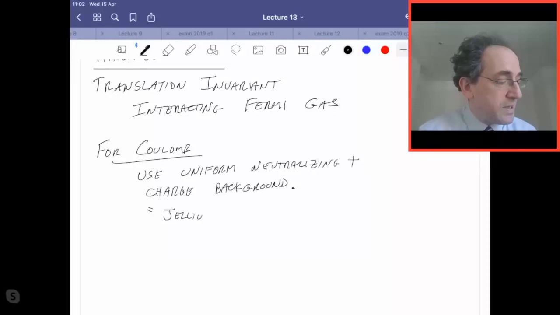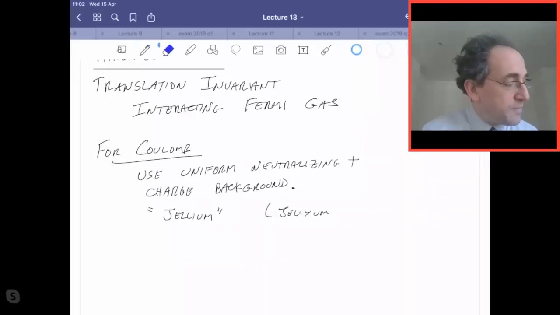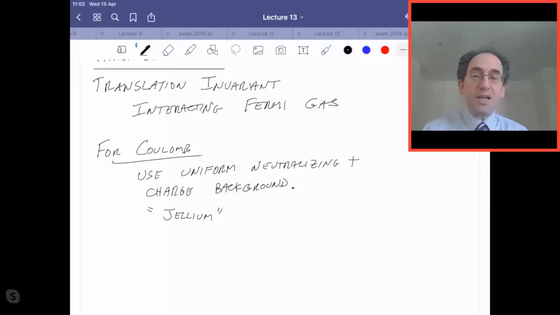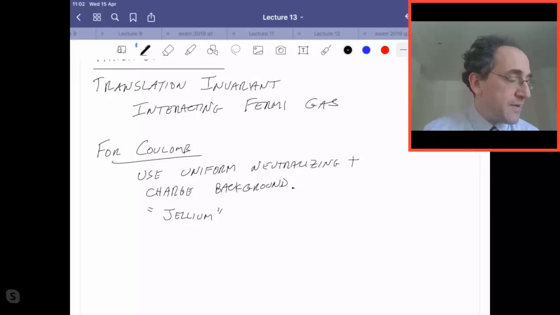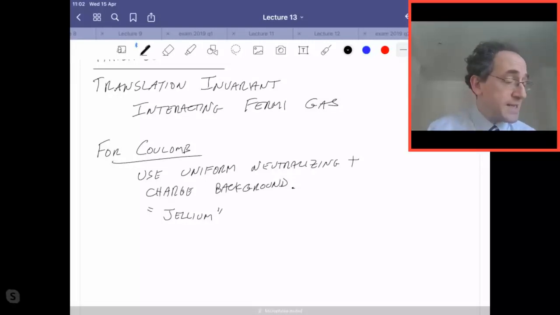Jellium, I think it's spelled like this, or maybe jellium. That doesn't look as good, but okay, let's keep it like this. Jellium model, and the term was coined by Conyers Herring, who was a very important solid-state physicist in the middle of last century.